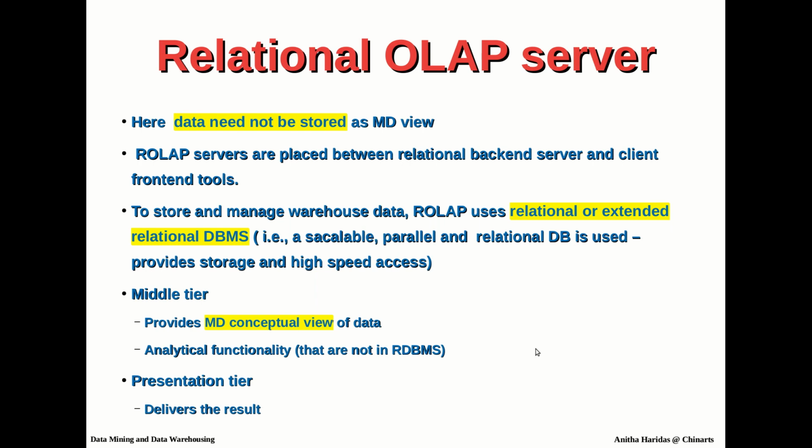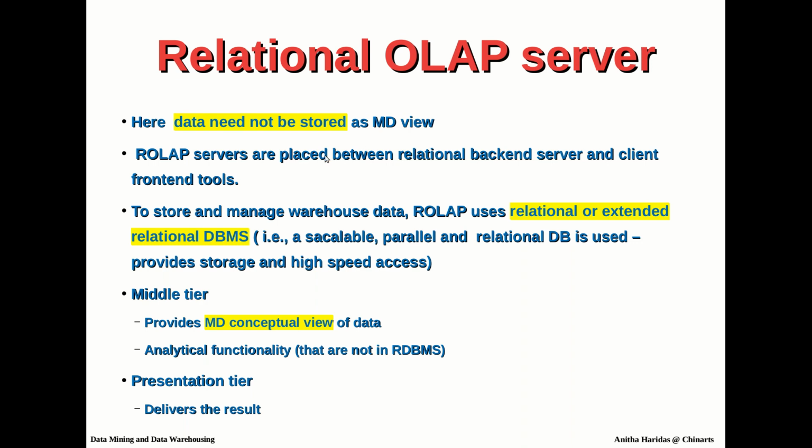Now the relational OLAP server, here we are not going to store the data in the multi-dimensional view. In the relational OLAP server, the data will be stored in the relational data model itself, not the multi-dimensional view. It is going to use the relational data model, or you call it as entity relationship model.